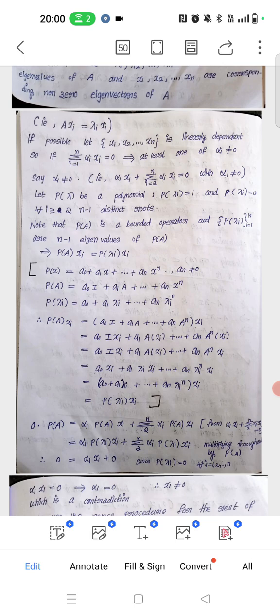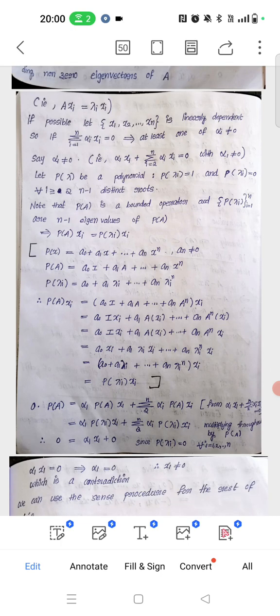Here we choose the scalar corresponding to the first vector, alpha 1, not equal to 0. We can use any of the vectors, but here we fix alpha 1 not equal to 0. That means alpha 1 x1 plus the remaining sum from i equals 2 to n of alpha i xi equals 0, with alpha 1 not equal to 0. To prove this, we consider a polynomial p which satisfies p of lambda 1 equal to 1 and p of lambda i equal to 0 for i from 2 to n.